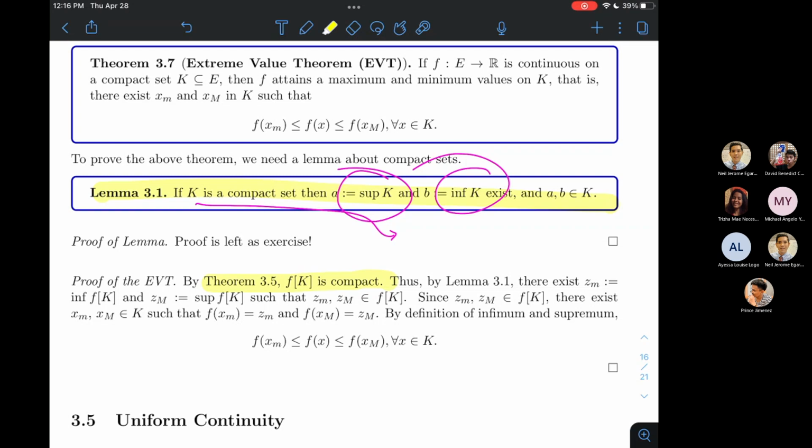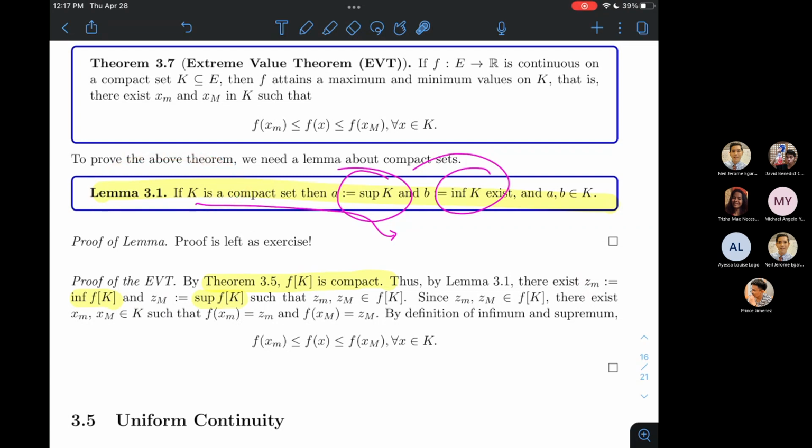Dahil si F bracket K ay compact, then by Lemma 3.1, yung supremum at saka infimum ni F bracket K ay nag-exist. Alright? So tawagin natin m yung infimum, at yung M, siya yung supremum. And both of these guys belong to F bracket K by Lemma 3.1.